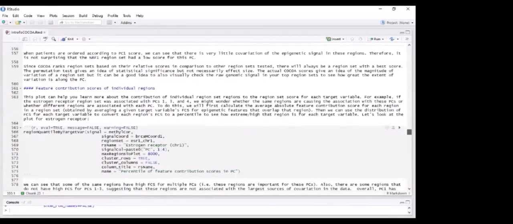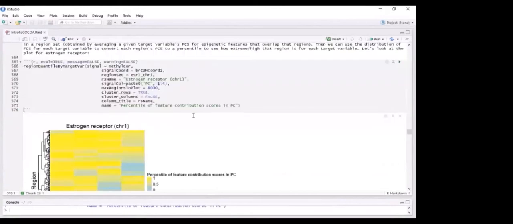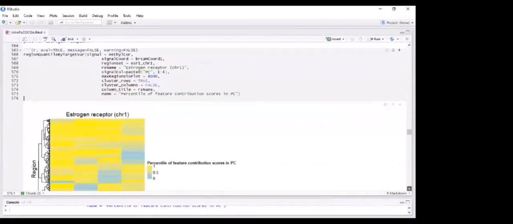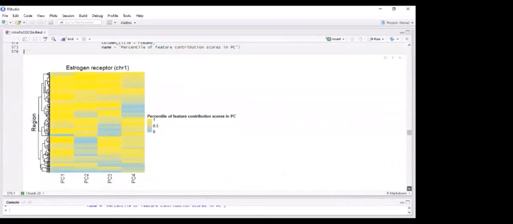Something else we might want to do is to look at the individual regions in our region set and see how much they're contributing to the principal component. We can also use this method to see if some regions in our region set contribute to, say, principal component 1, but not principal component 2, etc. Here we're showing the percentile of our feature scores, which were the correlation values for the CpGs for each region.